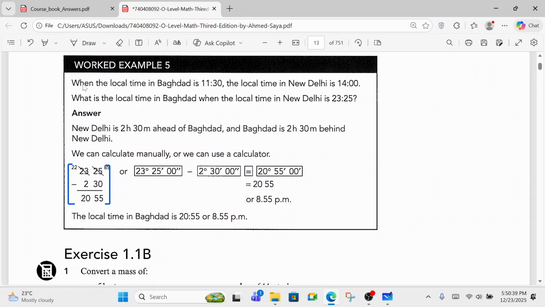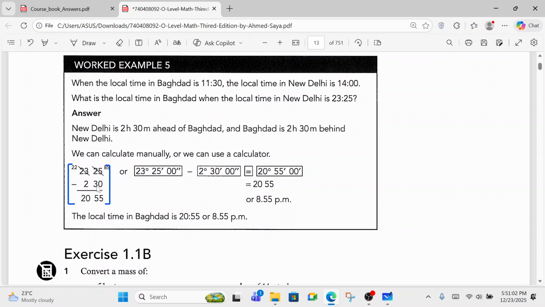So what does worked example number 5 say? When the local time in Baghdad is 11:30, the local time in New Delhi is 1400 hours. What is the local time in Baghdad when the local time in New Delhi is 23 hours 25 minutes? Okay, New Delhi is 2 hours 30 minutes ahead of Baghdad, and Baghdad is 2 hours 30 minutes behind New Delhi. We can calculate manually, or we can use a calculator.